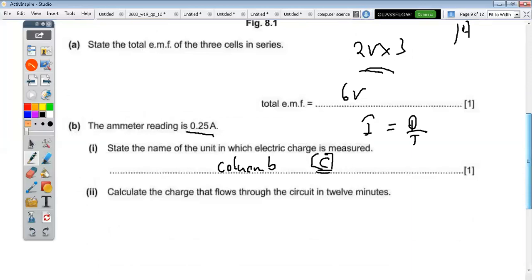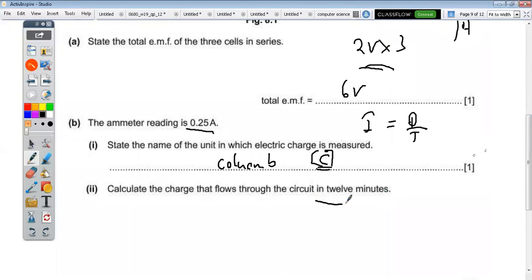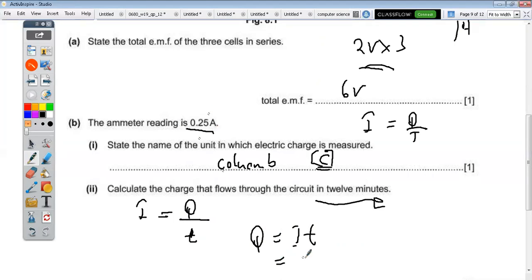State the charge that flows in that time. Look at this, what we said. I told you just now that current is equal to charge divided by time. Time has to be in seconds. So now look at this. Charge is simply equal to I times t, which is equal to what is our current? 0.25 amps multiplied by our time.